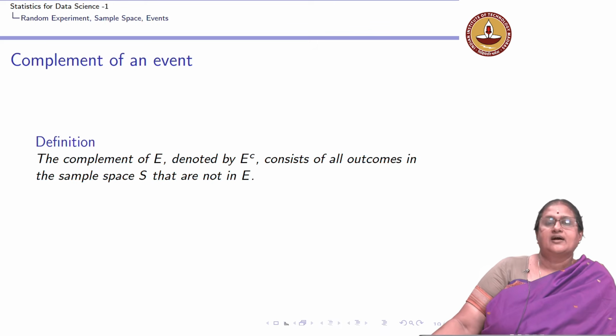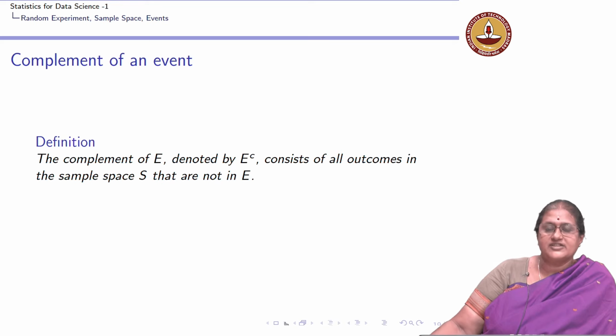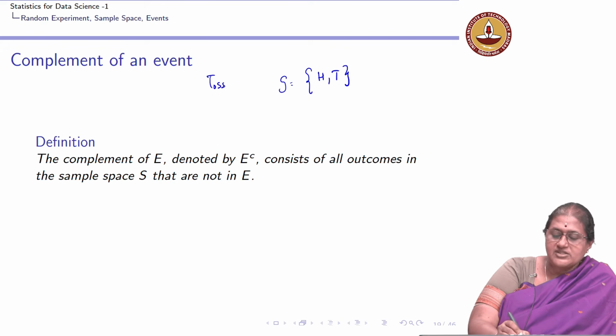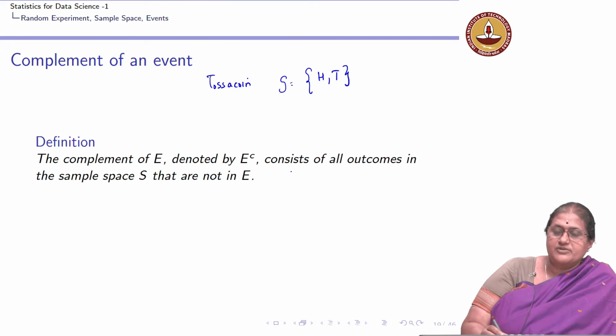The next set operation which we are going to talk about is what we refer to as the complement of a set. So, I have my sample space, again H and T. I toss a coin once. I know this is my sample space.